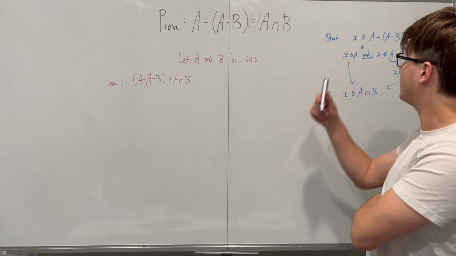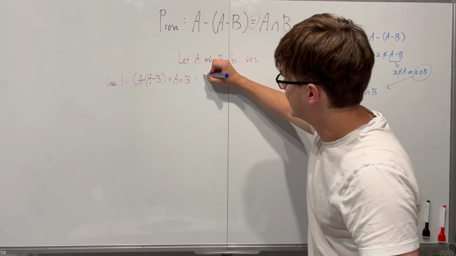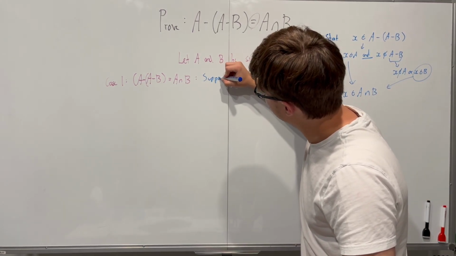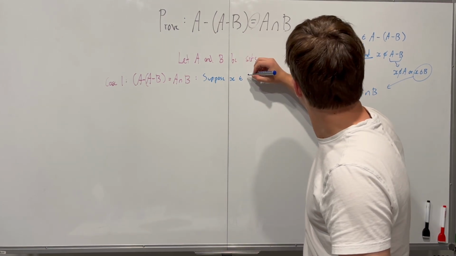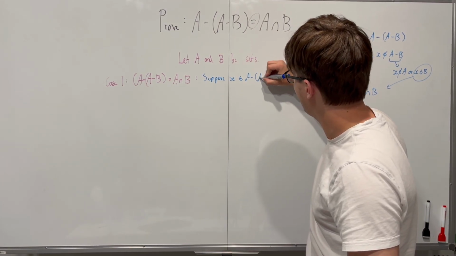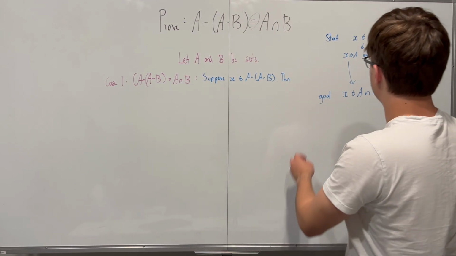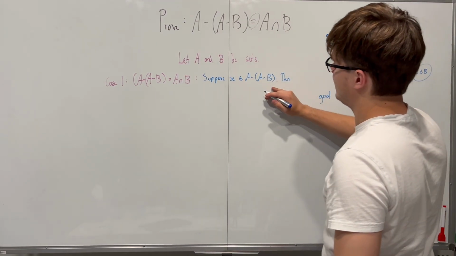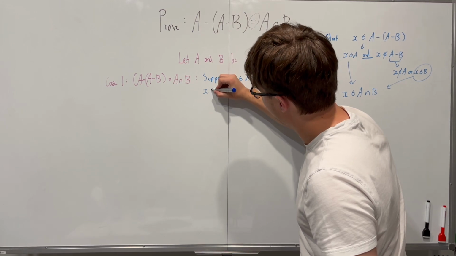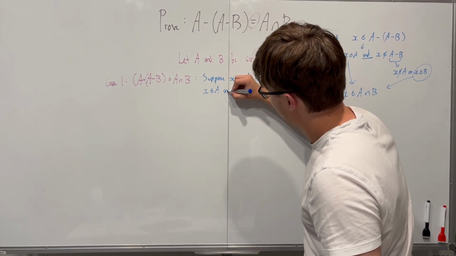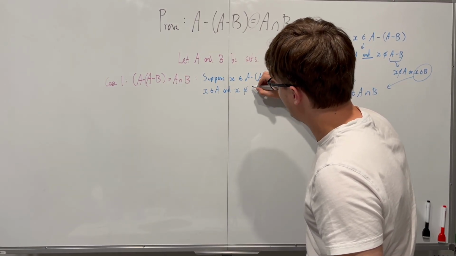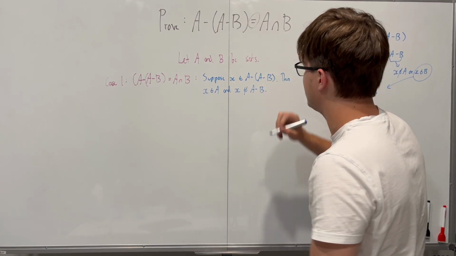First, we'll start by supposing our representative element X. We'll say, suppose X is an element of A minus B. Fantastic. Then we can now break down what that means for X to be in this set. We say then X is an element of A and X is not an element of B. Fantastic.